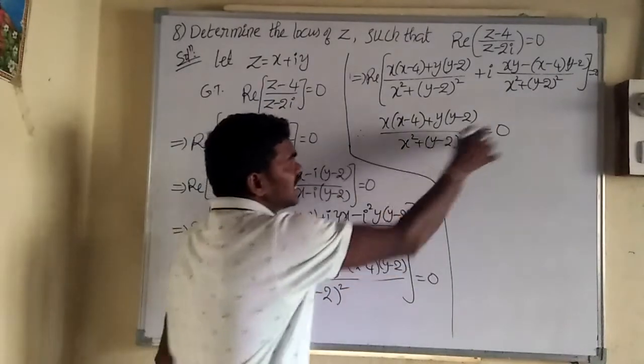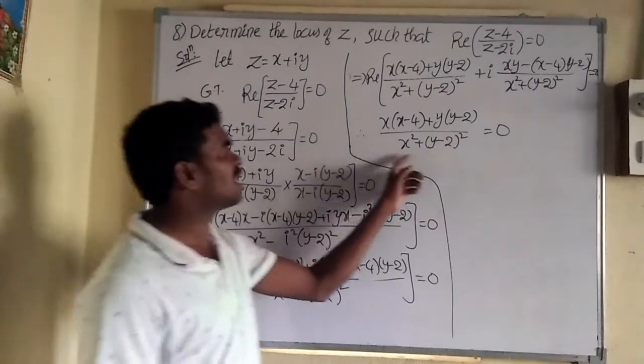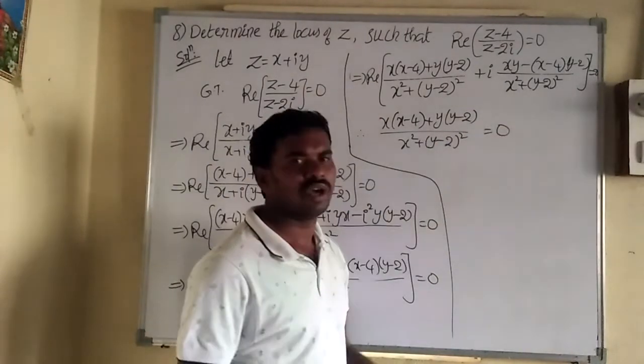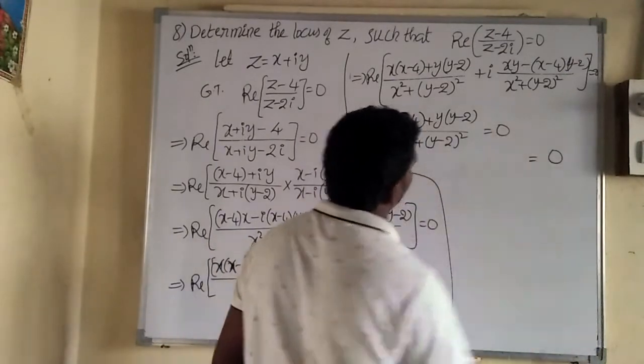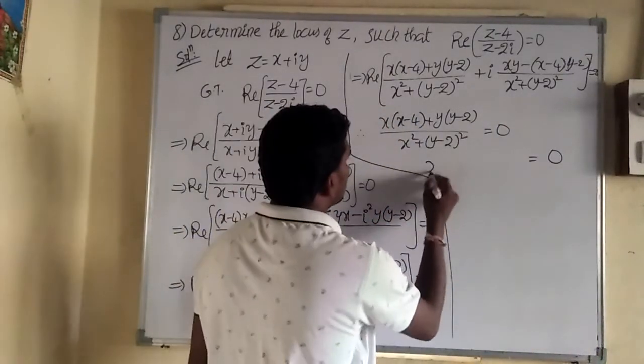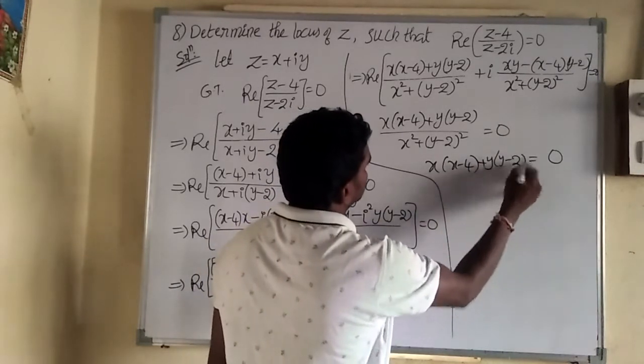The denominator goes to the right side as multiplication, so x square plus y minus 2 whole square into 0 becomes 0. Whenever it's sent to the right side, it becomes 0. So what about the numerator? It is x into x minus 4 plus y into y minus 2.